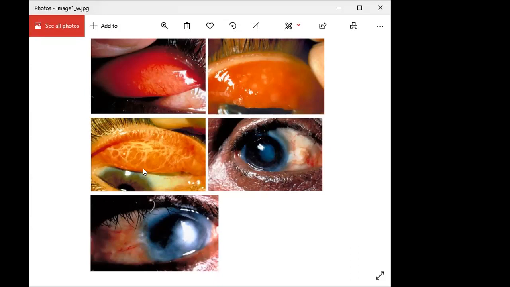Then the TS stage, trachomatous scarring. Then the TT stage, trachomatous trichiasis. The last is the corneal opacity stage, or CO stage. These are the different stages of trachoma.